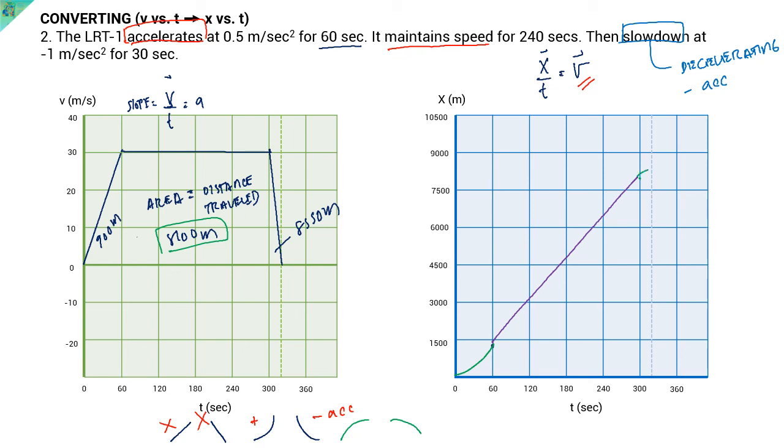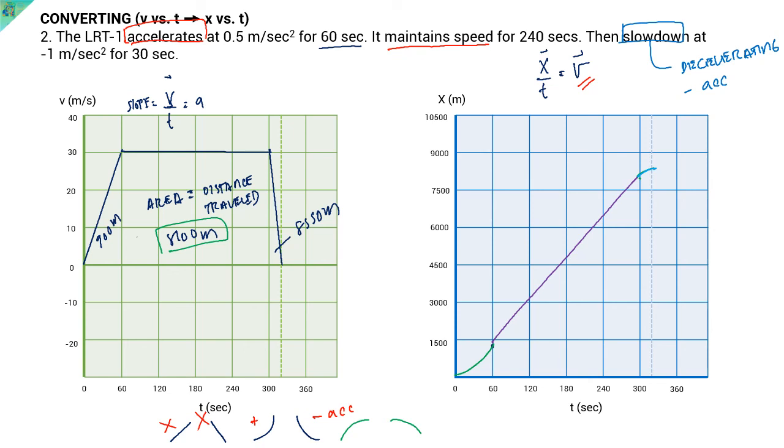As long as it's the other way around, from there you now have a deceleration. Again, of course, it will depend on your situation. Let me change this to blue. Okay, so that's how you convert a velocity versus time graph into a position versus time graph.